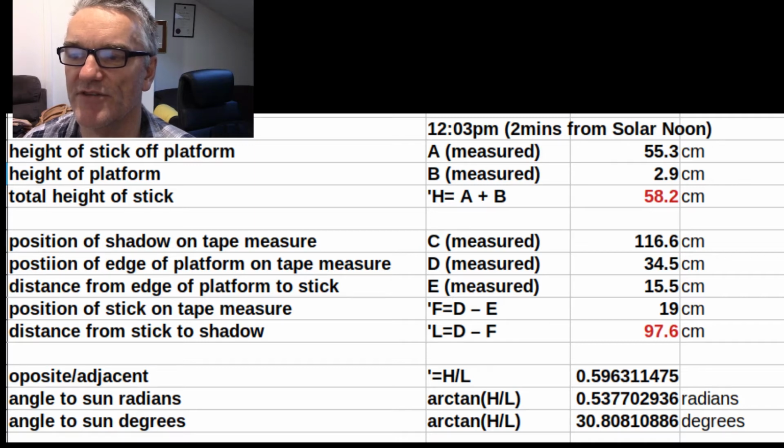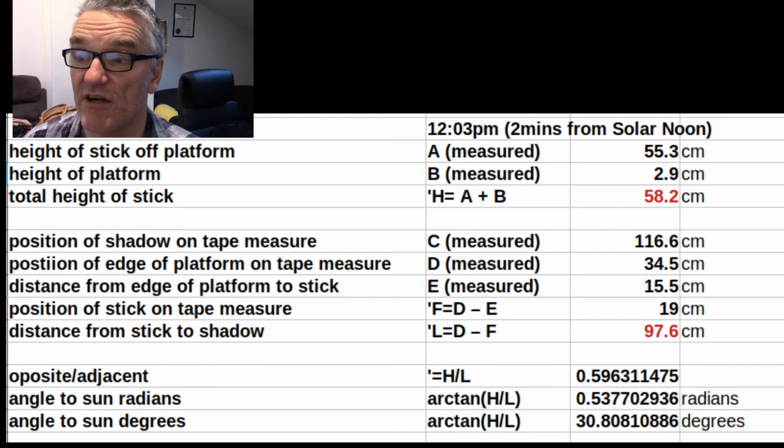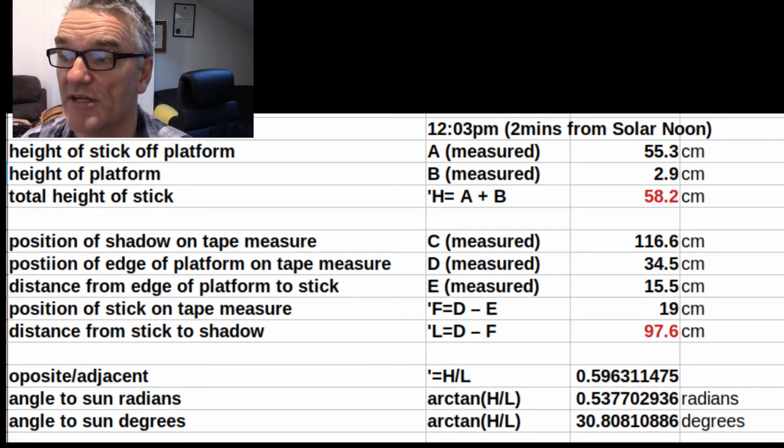And the distance from the edge of the platform to the stick is 15.5. So this means the position of the stick was above the 19 centimeter mark on the platform. And by subtraction, you can figure out that the length of the shadow was 97.6 centimeters.